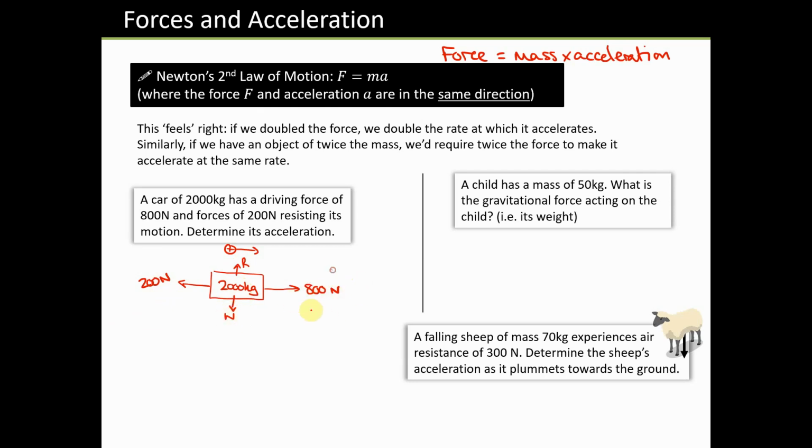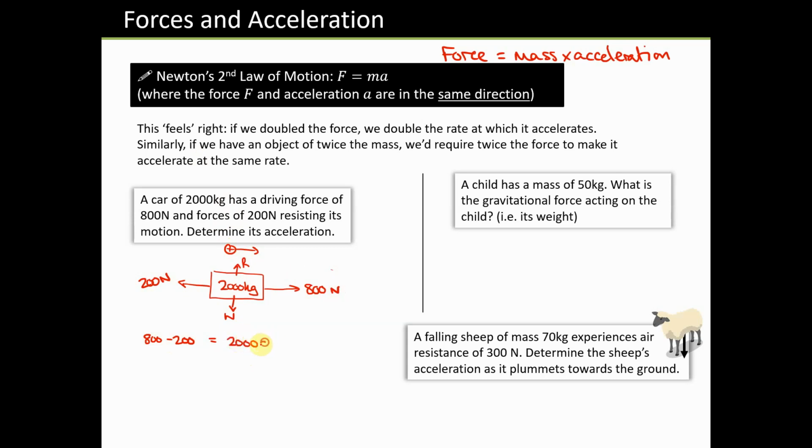If we have 800 newtons pushing us to the right and 200 newtons resisting that motion, the resultant force is going to be 800 subtract 200. You need to see which direction we're moving, and take the direction we're moving, subtract the direction that's resisting.